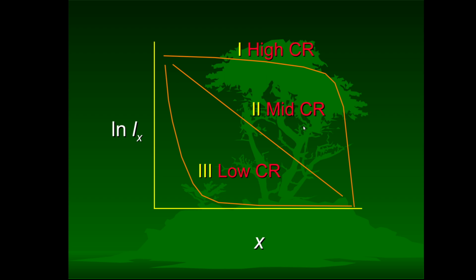So these are types 1, 2, and 3 survivorship curves, the log of survivorship plotted against age. So, high cost of reproduction species here: large vertebrates. Low cost of reproduction: most invertebrates, algae, and plants.